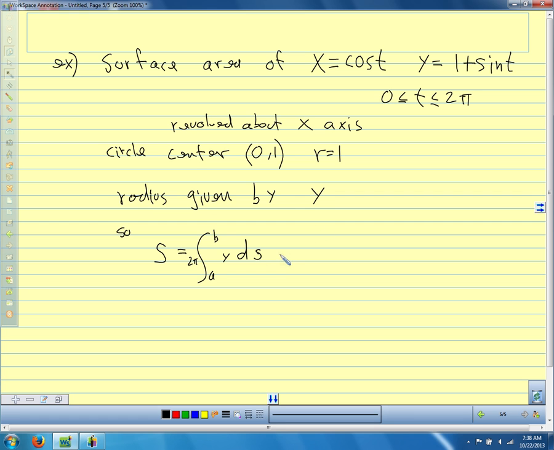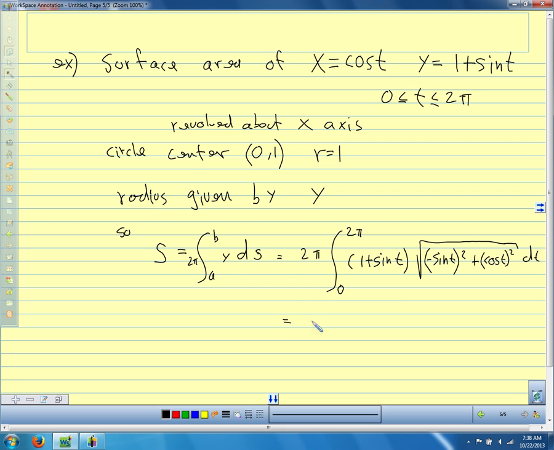So let's write this out. We get 2 pi times the integral from 0 to 2 pi. y is 1 plus sine t, and I want to square the derivative x prime, which is minus sine t, plus the square of the derivative y prime, which is cosine t, dt. This is looking pretty nice.